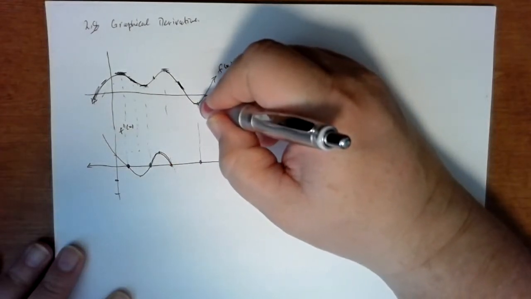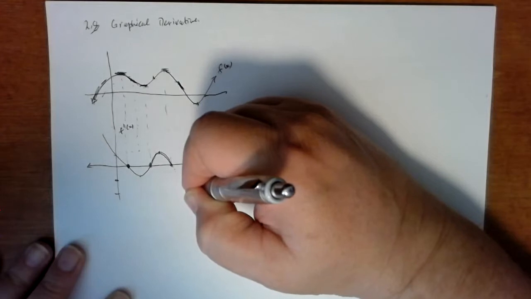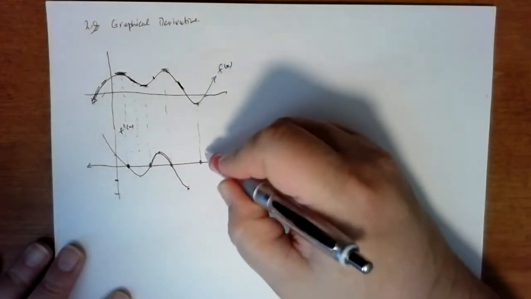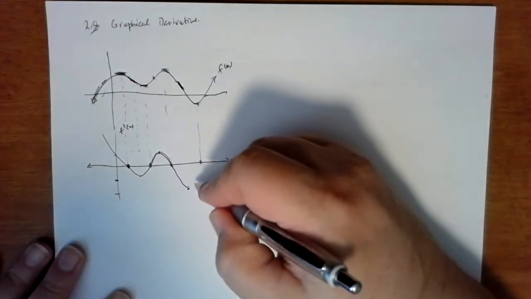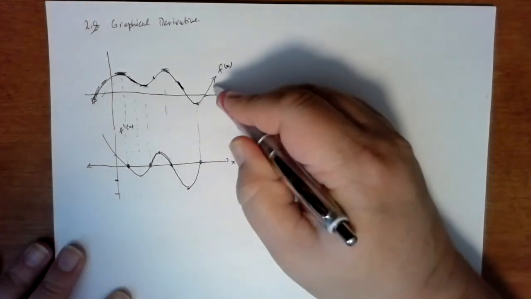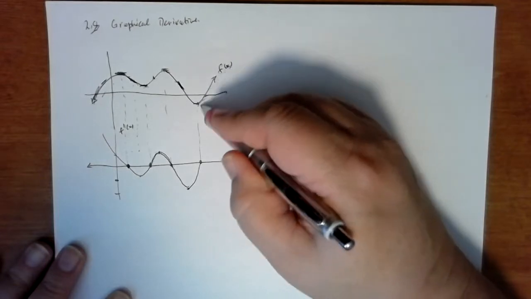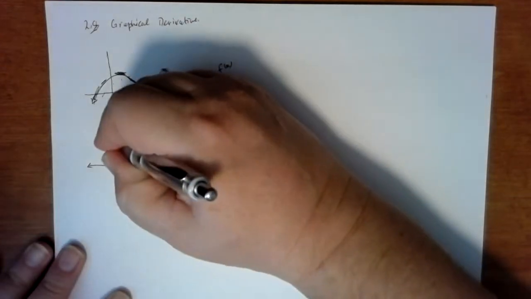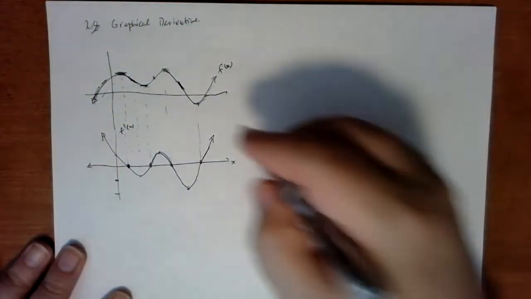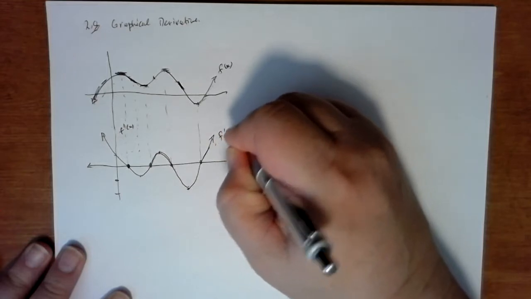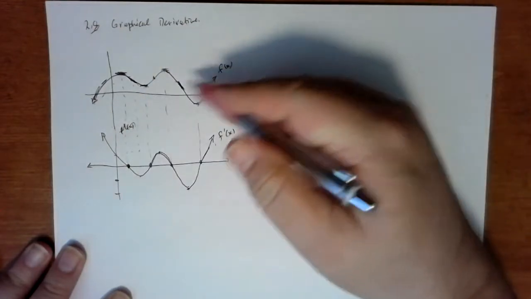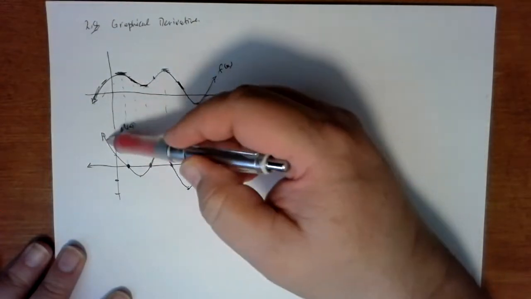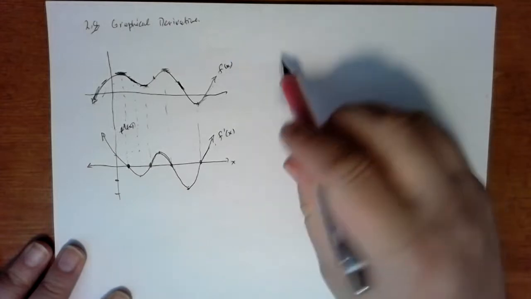But then we're coming back to 0 again here, so we would stop about there maybe. And then finally, we come back up to 0. What's happening here, the function is increasing all the time, so our derivative is just going to be positive. Good. Perfect. So this is your graph of the derivative function. Notice again how we started that. We started with the zeros, and then we filled in the other places.